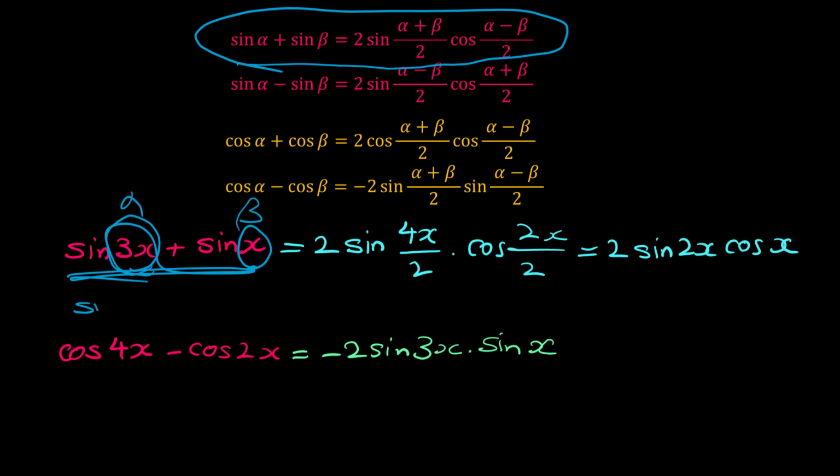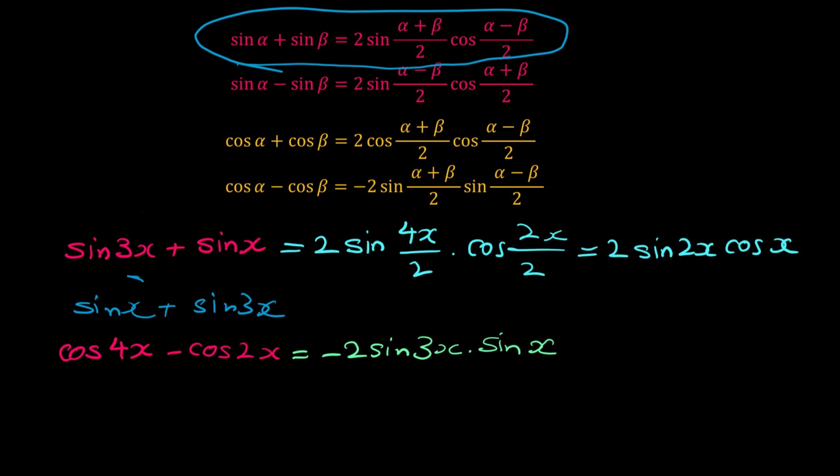What if this question was in the form of sine of x plus sine of 3x? This is the same expression, but the order of the terms is changed. But the answer should be the same because it's the same expression. But if the question was in this form, sine of x plus sine of 3x, then this would be your alpha and this would be your beta.